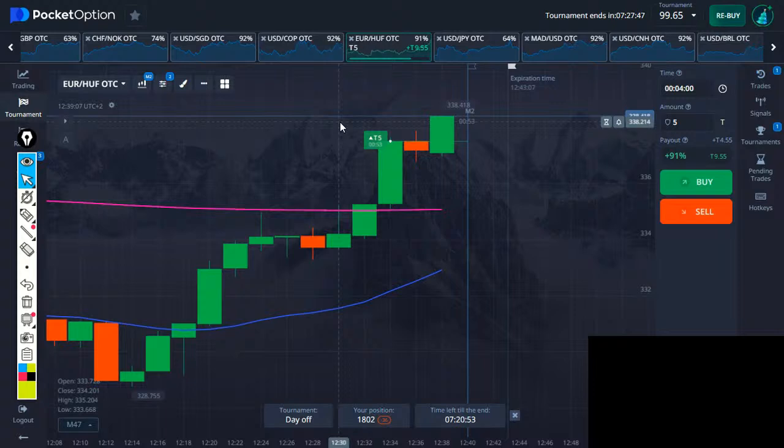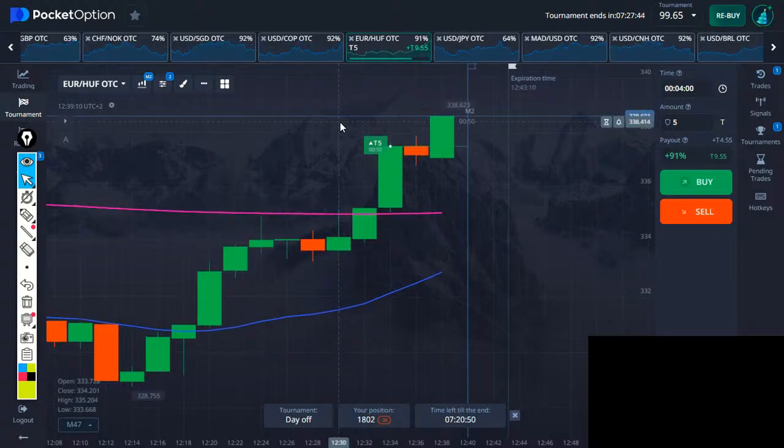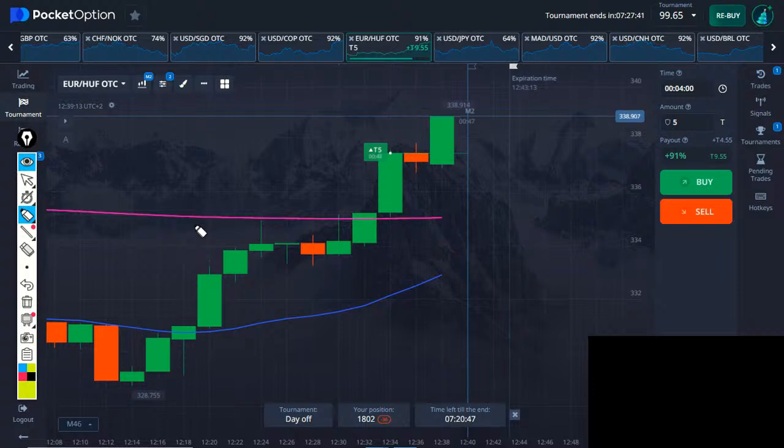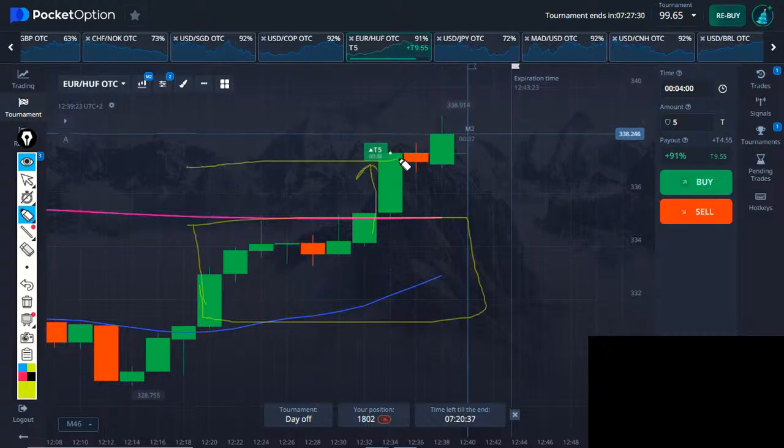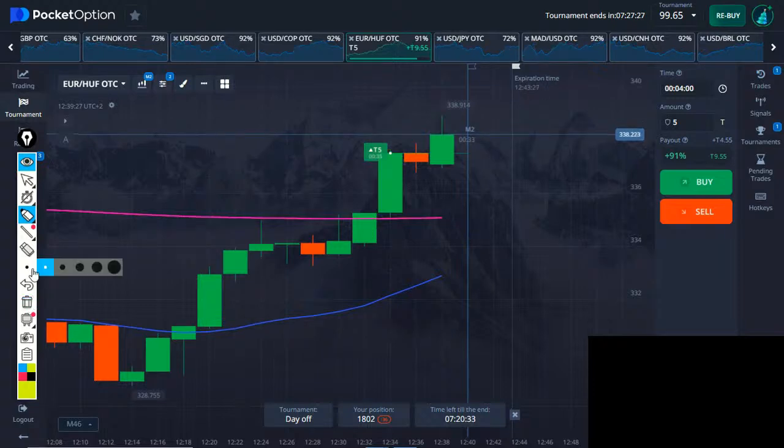Very nice push, beautiful push. So to recap, we had our narrow state over here, and we had a clean break from a strong bullish engulfing candle. So boom, we took our buy position over here.